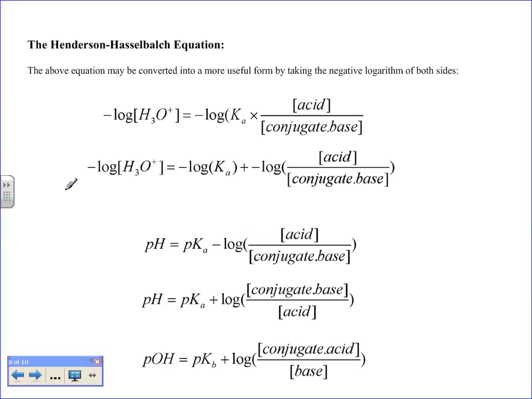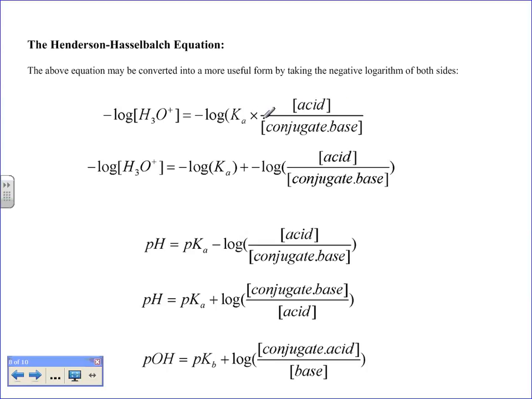The way that it's derived is by looking at the previous expression for the concentration of H3O plus, which is equal to Ka times the concentration of the acid divided by the concentration of the conjugate base. And we're going to take the negative log of both sides. So we're left with the negative log of H3O plus is equal to the negative log of this entire expression, Ka times the concentration of acid over the concentration of the conjugate base.